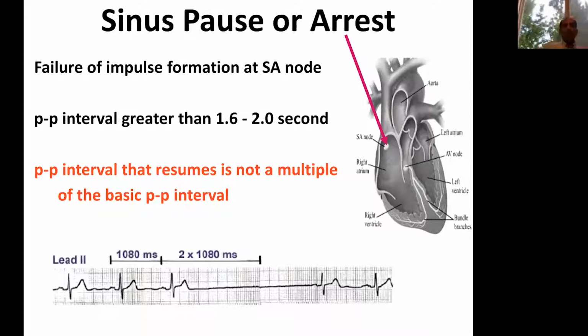Sinus pause or arrest means that you have normal sinus rhythm going on, and then suddenly you have no sinus activity, which means you don't see P waves. And so if you see a pause where you don't see P waves, then we refer to it as sinus pause or sinus arrest.